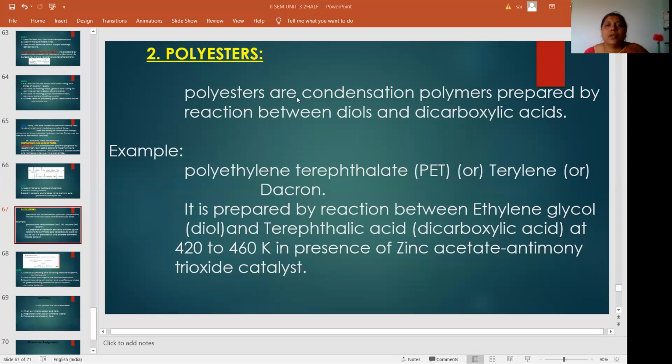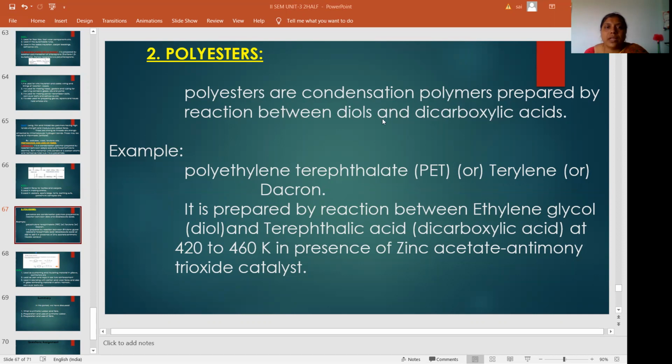Come to the next: polyesters. Polyesters are condensation polymers prepared by reaction between diols and dicarboxylic acids. Condensation polymers means these are prepared by condensation polymerization. So reaction takes place between diols, meaning 2 alcoholic OH groups, and dicarboxylic acids, meaning 2 COOH groups.